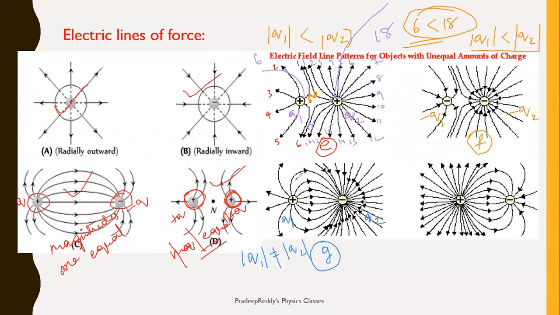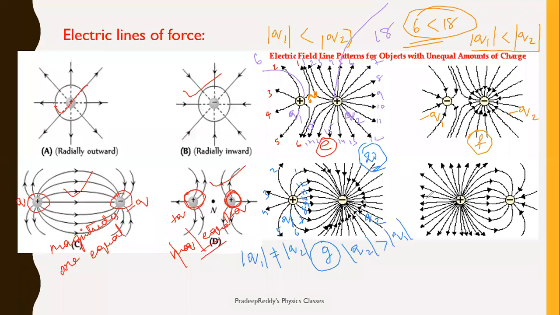You can count it here. 1, 2, 3, 4, 5, 6, 7, 8, 9, 10, 11, 12. Of course, these 12 lines will be there here and even still more, nearly it can be 20 or 25 like that. Therefore, magnitude of the negative charge Q2 is greater than magnitude of Q1.